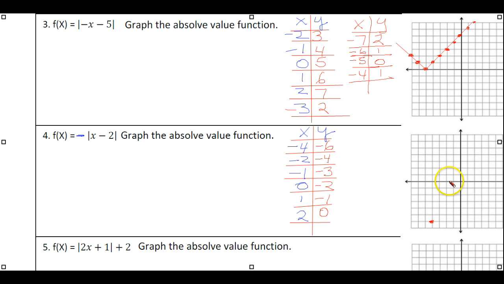Now -2, I get -4 right there. -1, and here I need some more points as well. So x is 3 and y is a -1. X is 4, y is a -2. Okay. I have enough now to make my graph.